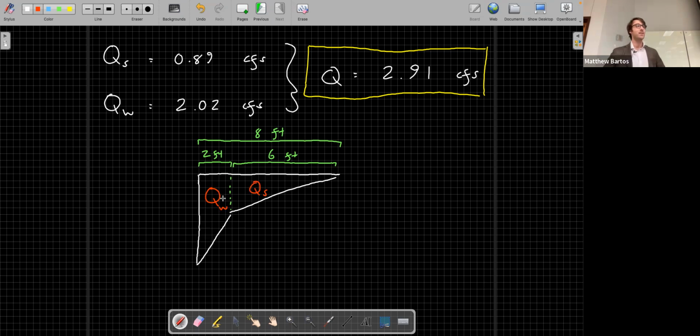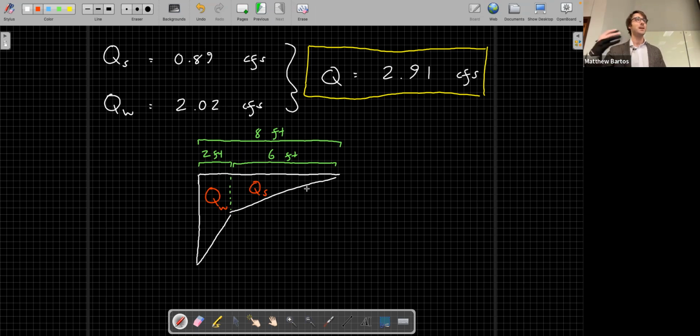So the flow in this small portion of the gutter that's only 2 feet wide is more than twice as much as the flow in this portion of the gutter that is 6 feet wide. So you can get a huge increase in discharge by increasing your depth or increasing your lateral slope.